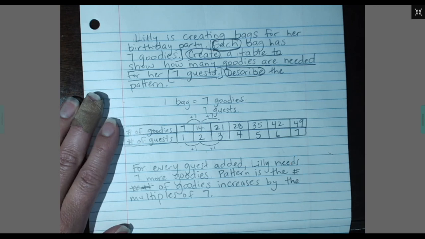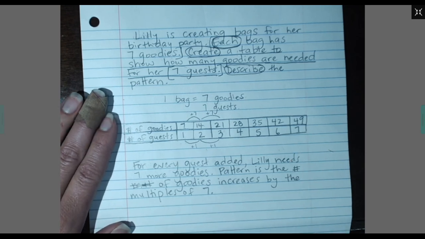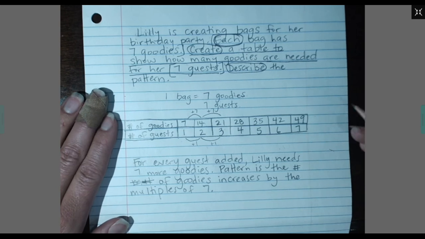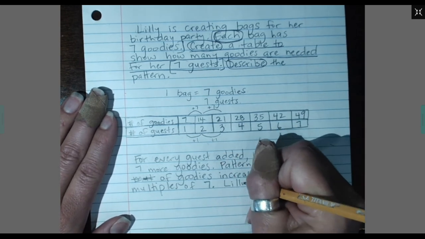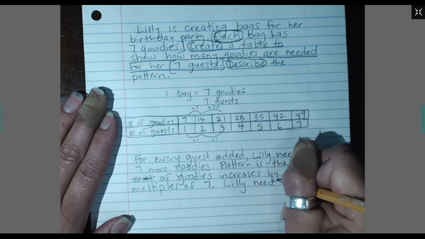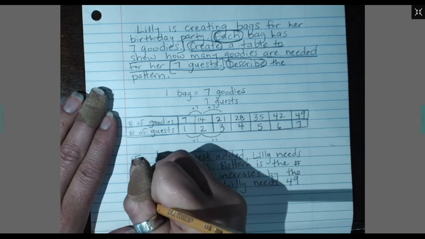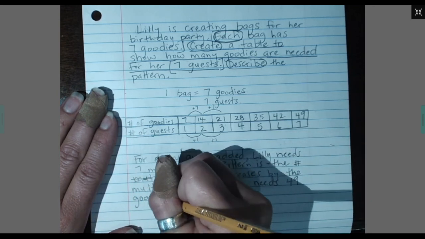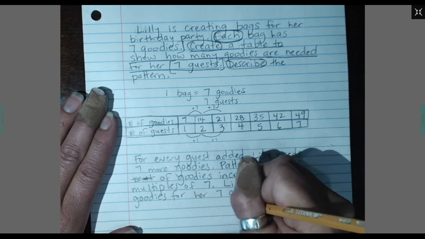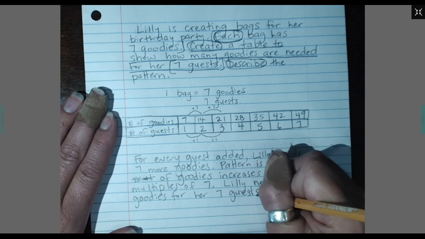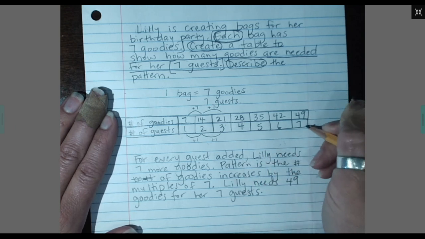I sure did. And if I wanted to get really thorough, even though the problem didn't ask for it, I can say Lily needs 49 goodies for her 7 guests, because the table solved that.